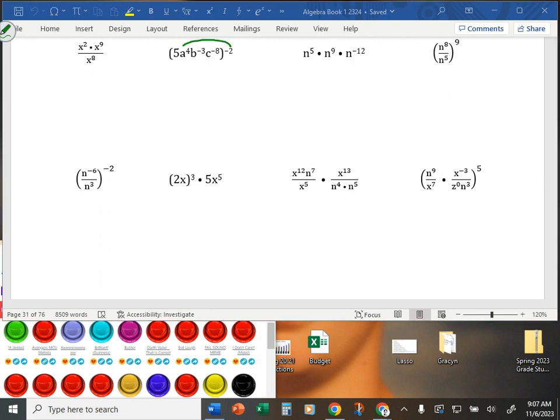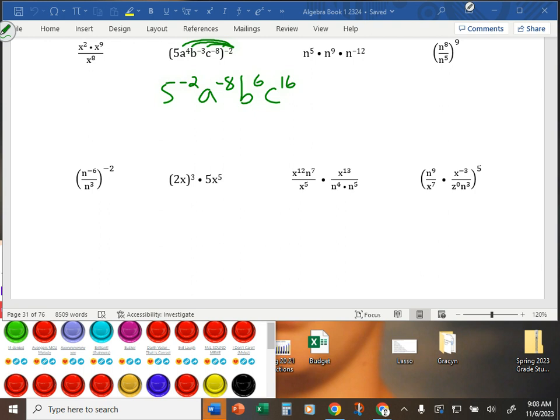Because when you distribute 5 to the negative 2nd, now 5 will need to be moved, right? A to the 4th doesn't need to be moved until you distribute. It becomes a to the negative 8th, and now it will. It just changes everything. B to the negative 3rd becomes b to the positive 6th. Now that's going to stay put. And c to the negative 8th becomes c to the positive 16th. Now that's going to stay put.